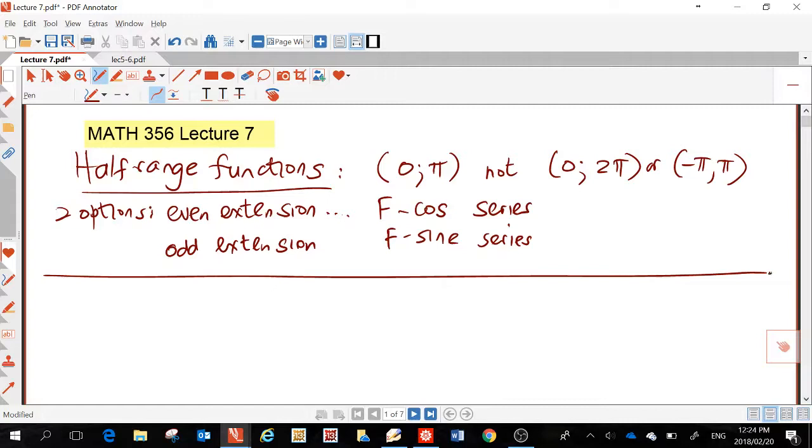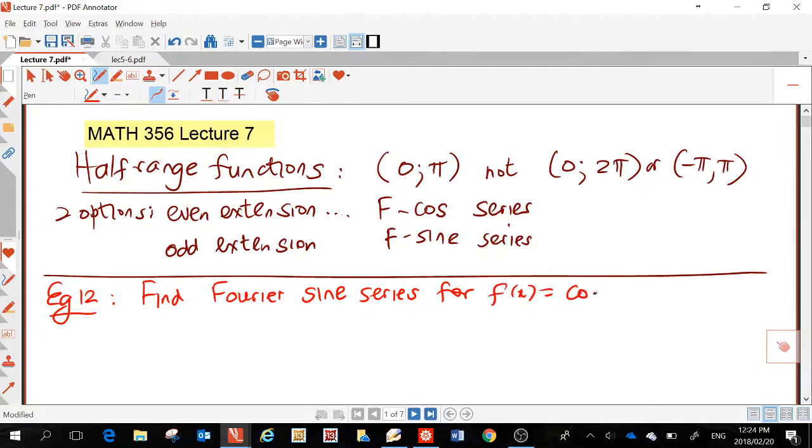I was doing a problem. I think I finished the last problem we were dealing with in class. So let's take example number 12, which is quite an astounding problem. It says find the Fourier sine series for f of x equals cos x on 0 to pi.